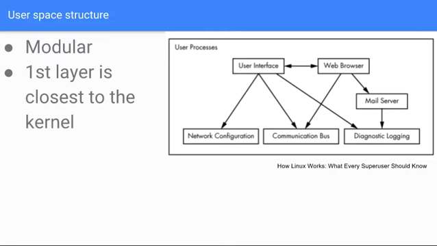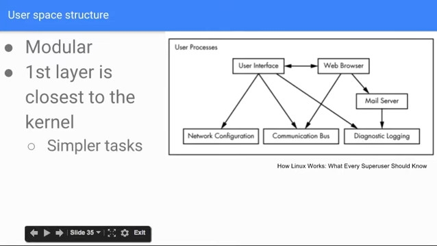So it's modular, and the first layer is closest to the kernel, down here. These are comprised of simpler tasks: network configuration, communication bus, diagnostic logging. Now, I'm not saying that these are simple, but simple relative to things like the web browser, because that comprises multiple modules, so to speak.